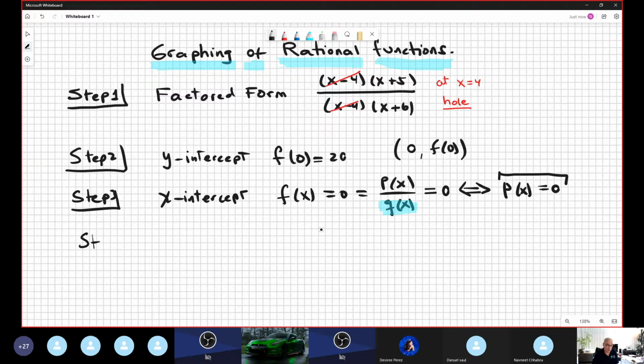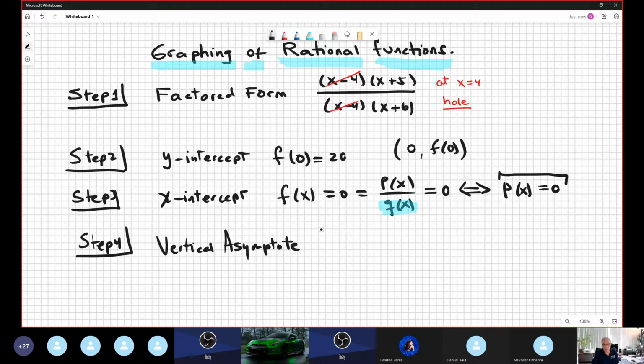Step 4, we will see in the example, I promise. If we don't finish today, we continue Wednesday. The important step 4: vertical asymptote. And what is the formula, professor, to find the vertical asymptote? Well, okay.